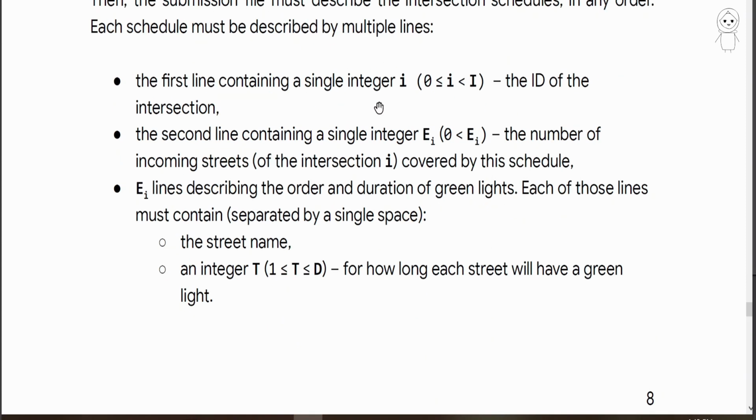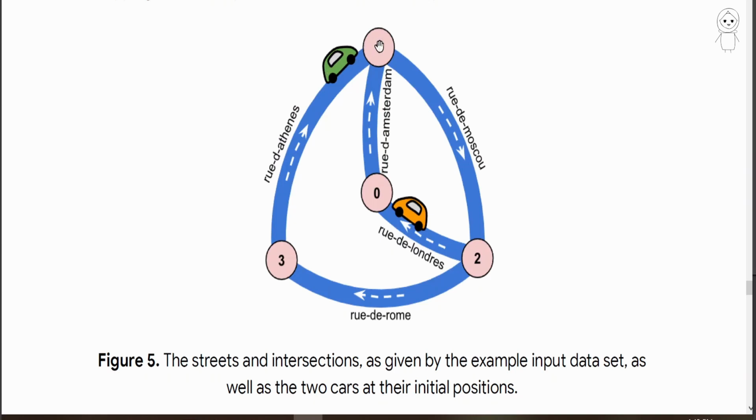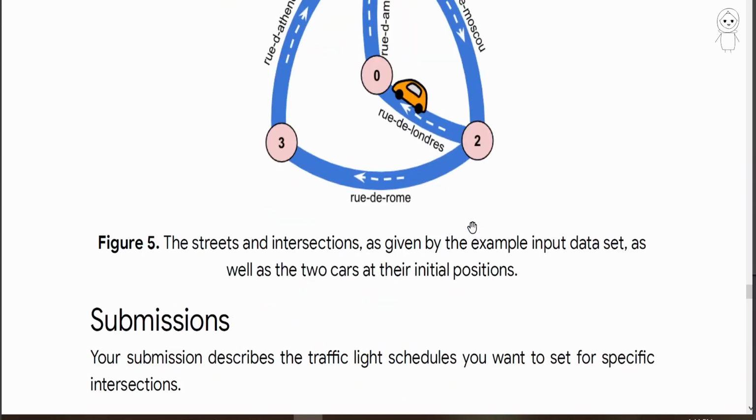The first line is a single integer, and that's the ID of the intersection. The second one is also a single integer, and that's the number of incoming streets of that intersection covered by the schedule. If we look at this one, it had to cross this intersection, and reach here. So this one has to pass 2 intersections.